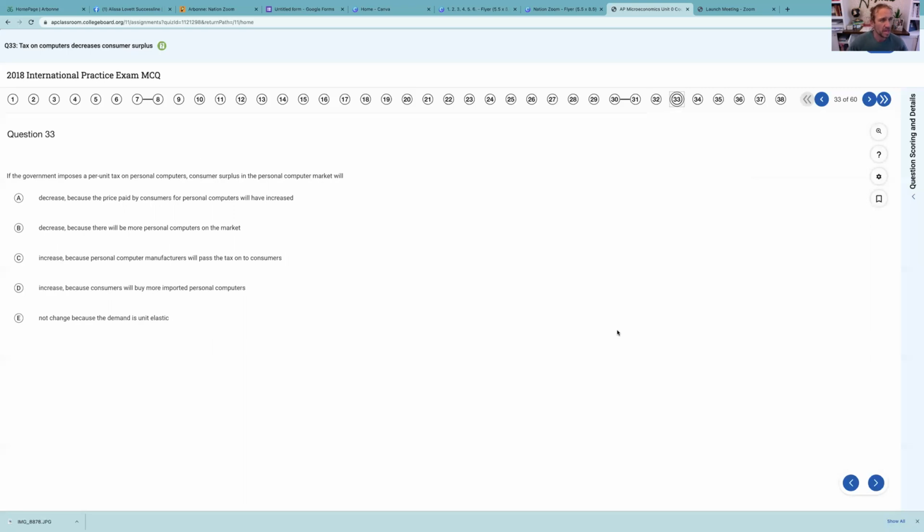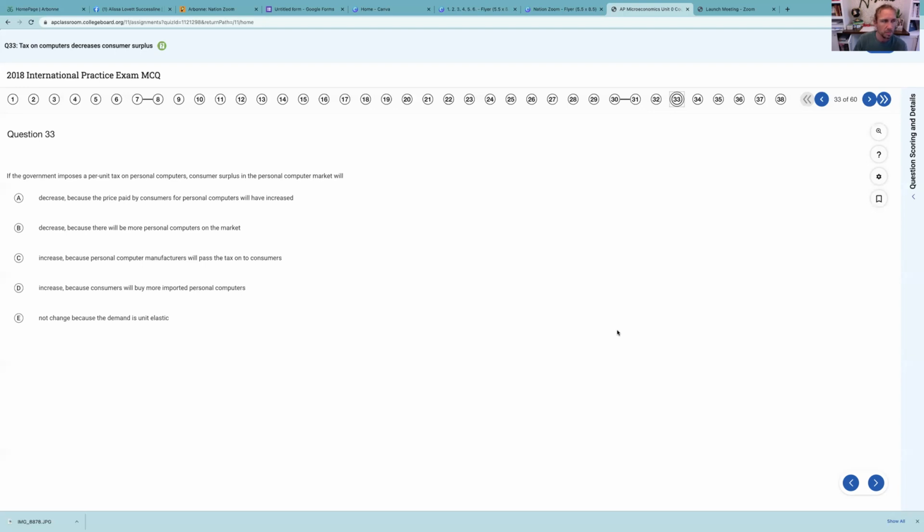33, the government imposes a per unit tax on personal computers. Consumer surplus in the personal computer market will do what? Well, pretty intuitive here. If we're taxed on an item, our price goes up and we're going to buy less. So that's going to decrease our consumer surplus. So your answer is A or B for sure. And so A says decrease because the price paid by consumers will go up.